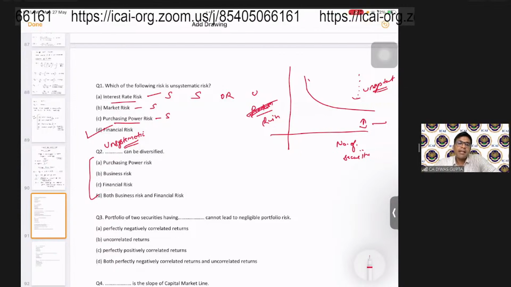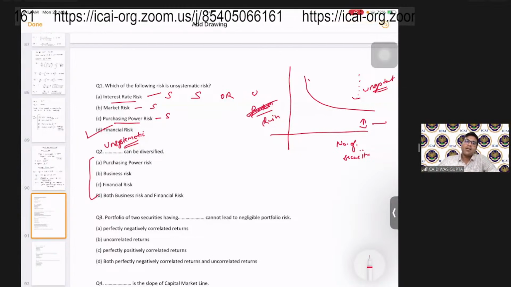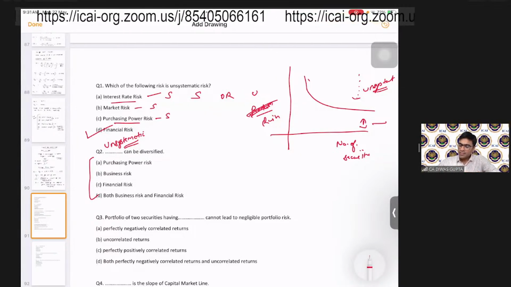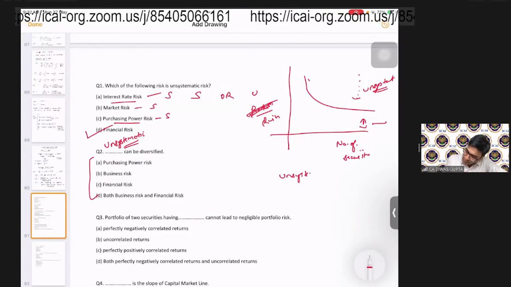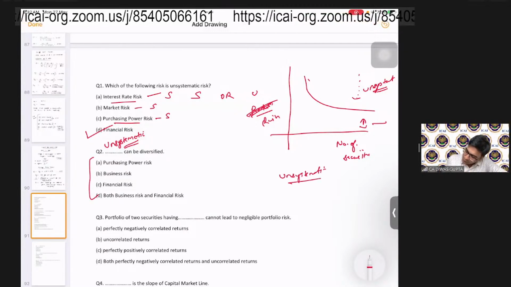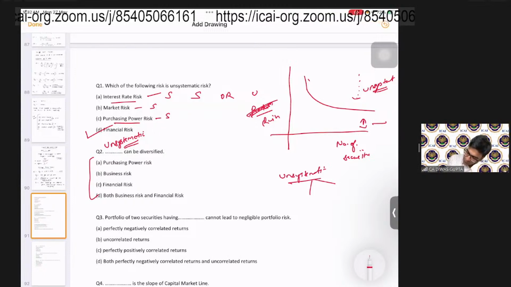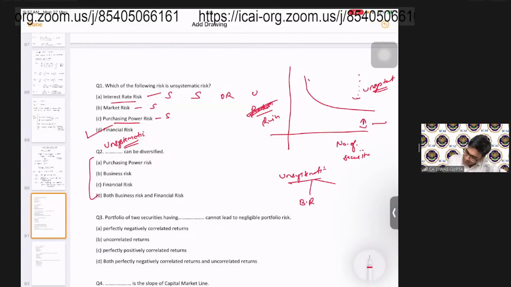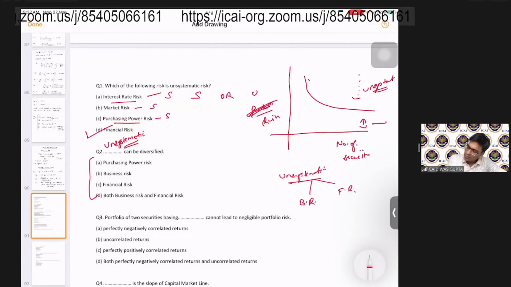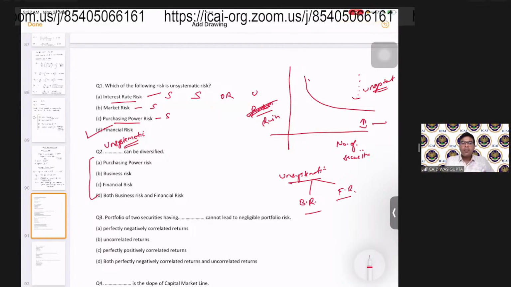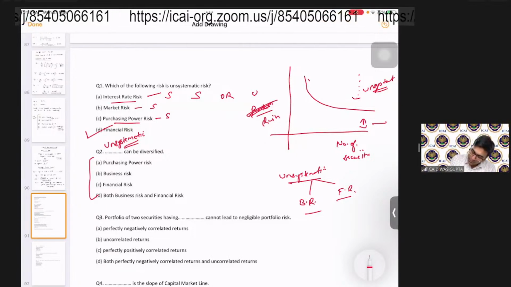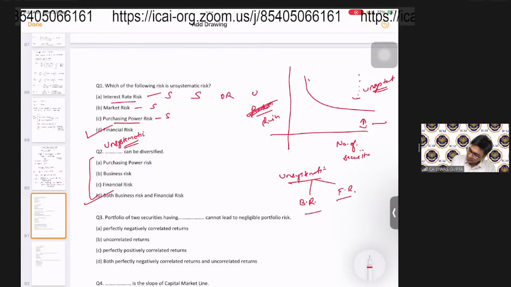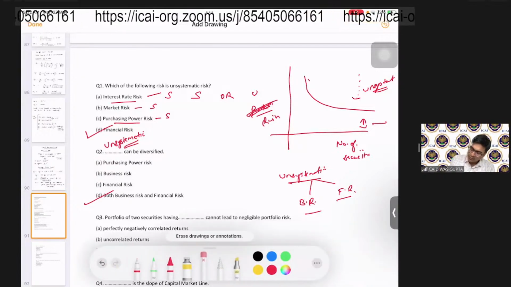Okay, perfect, I'm getting answers now. Unsystematic risk also has two parts, business risk and financial risk. So both of these can be diversified. The correct answer is D.